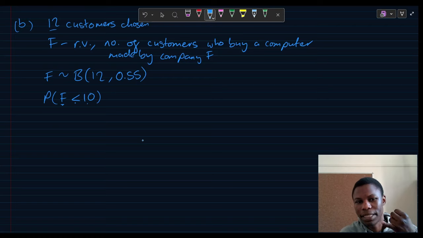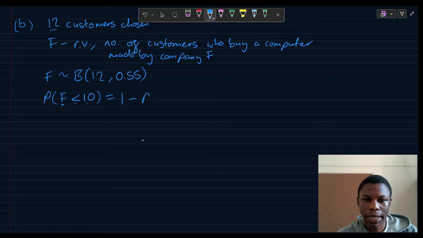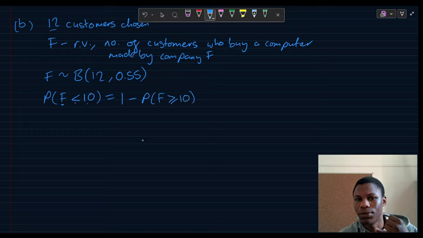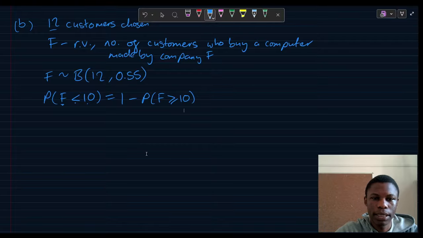We'd have to evaluate 0, 1, 2, 3, 4, 5, 6, 7, 8, and 9. So we would rather go the opposite direction. We can do 1 minus the probability that F is greater than or equal to 10. And so now we just have to evaluate 10, 11, and 12 instead.